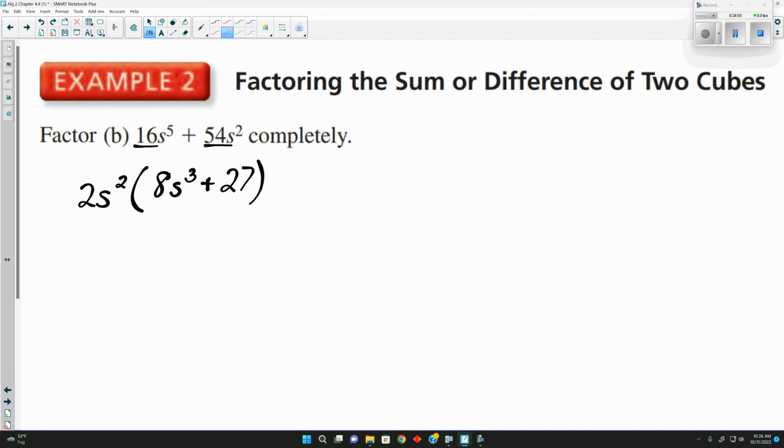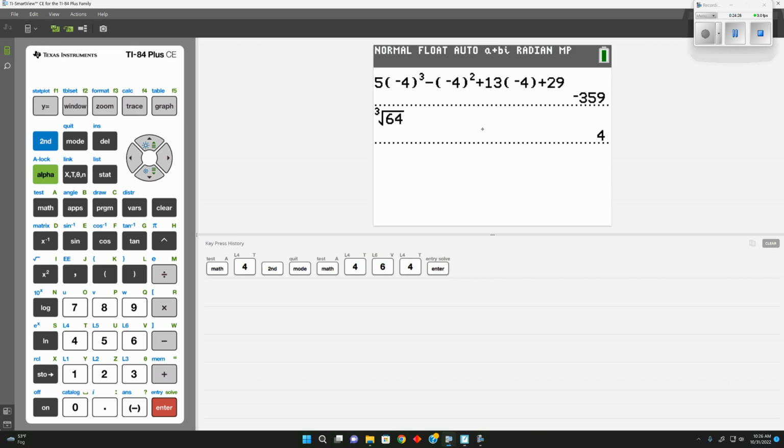Now the question is can we take the cubed root of 8s cubed and the cubed root of 27? Well, with 8s to the 3rd, we know the cubed root of s cubed is going to be s. If the powers are the same, they cancel each other out. Now we can grab the calculator and take the cubed root of 8, which is 2.